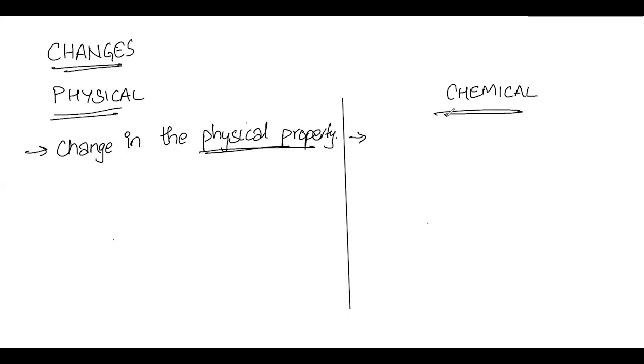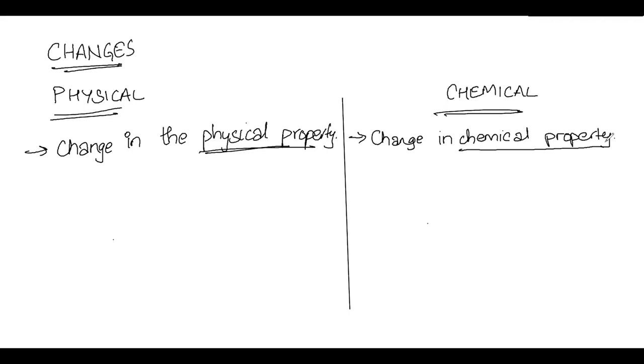Now when it comes to chemical changes, there is change in chemical property. Now by chemical properties, what do we mean? This we'll also see with an example.